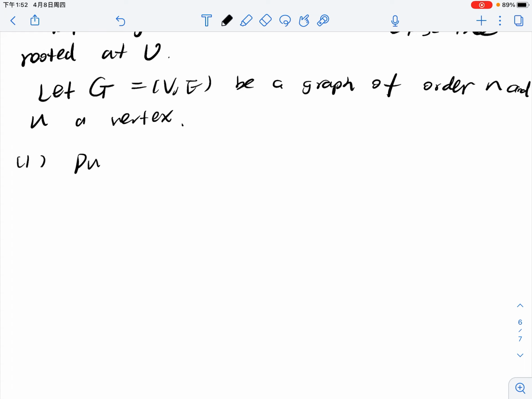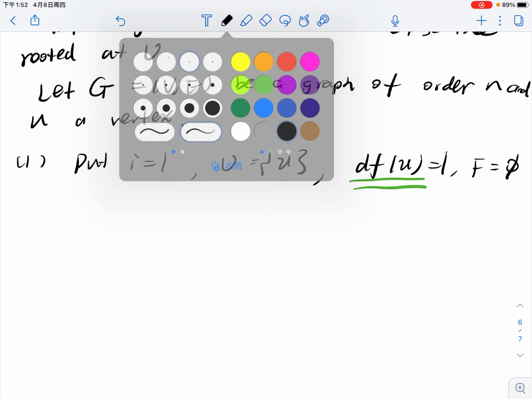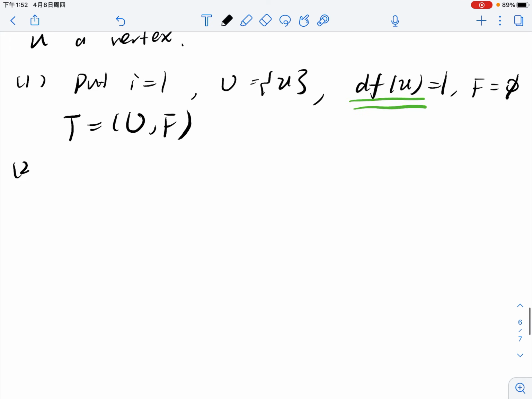So first put the counter i to be 1. Capital U is the vertex set consisting of the vertex u, and the df number, dfu, is 1. So here the df number is the invariant we care about. F is empty, T is the tree. This is the initial data.